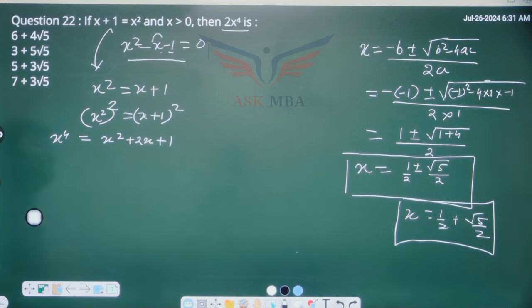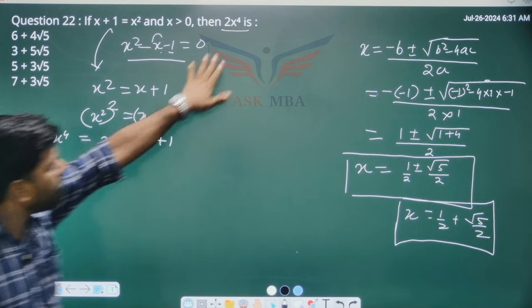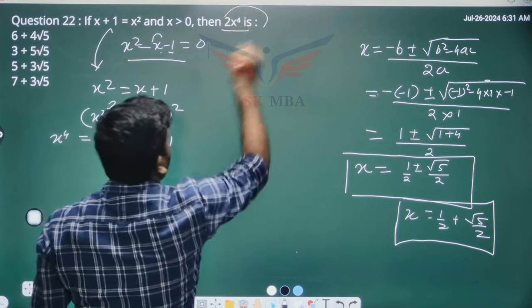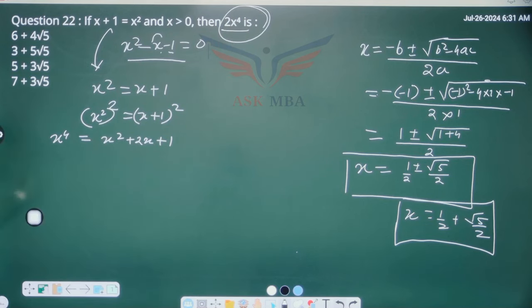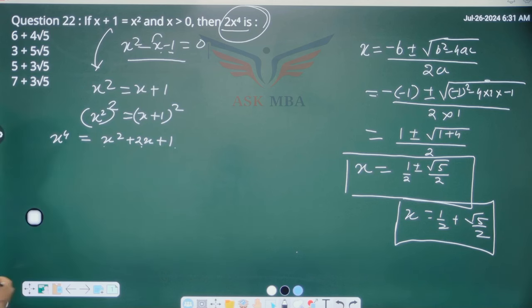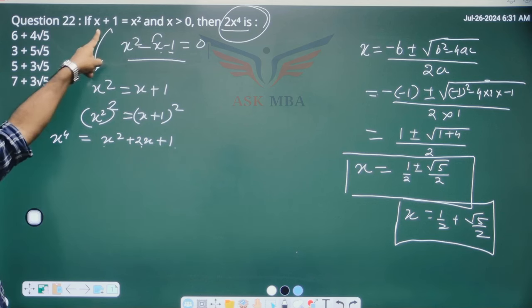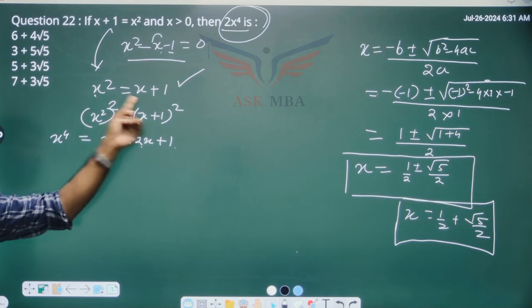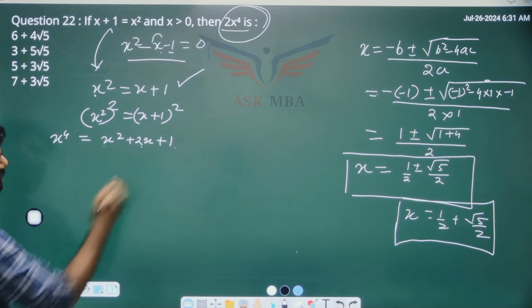Now the simple part is done. We have x power 4, which is what we need to find. Next, x square plus 2x plus 1. If you see carefully, the value of x square is already x plus 1. So can I use x square is equal to x plus 1 here?